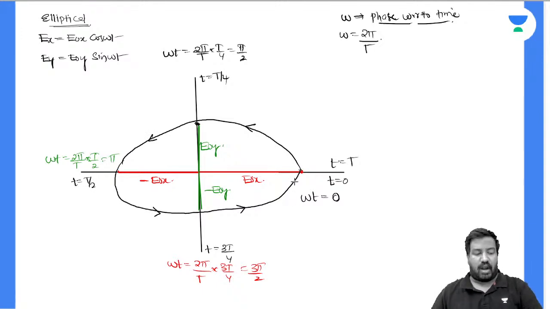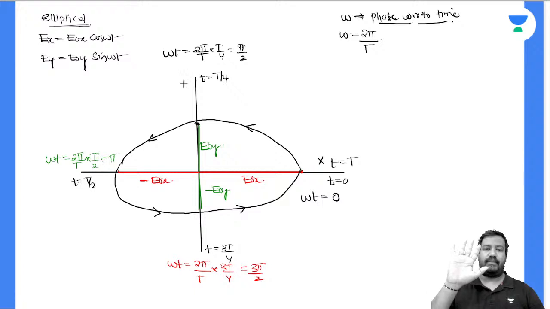Now you tell me, is it left or right? In the examination they'll ask, is it left or right? How to understand?